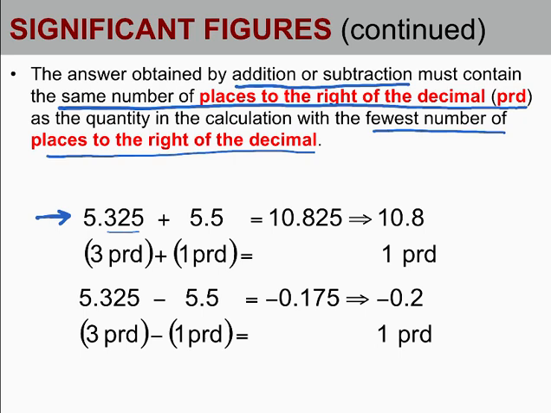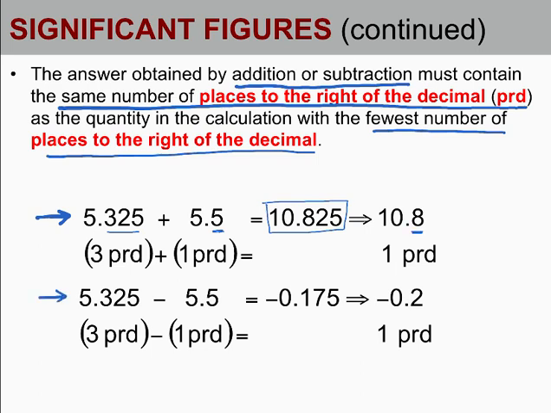And in the second value, we only have 1. Now, when we plug this into our calculator, we're going to get a pretty long answer of 10.825. But we have to make sure that this is representative of the least accurate measurement. So we're going to limit this to 1 decimal place. So our final answer is 10.8.